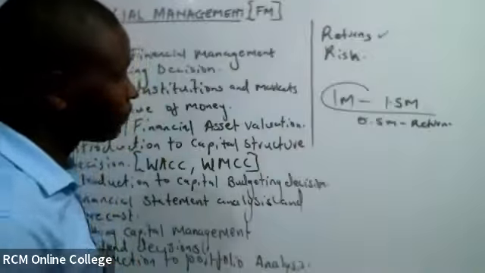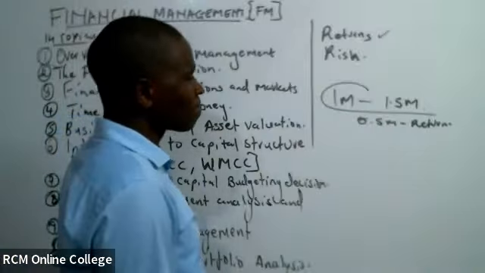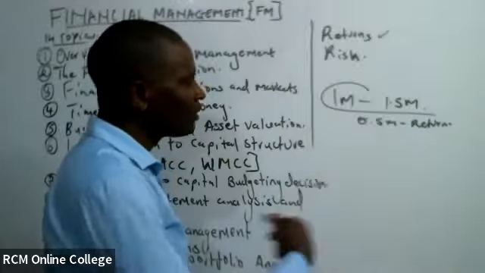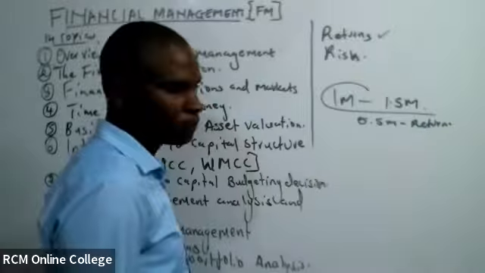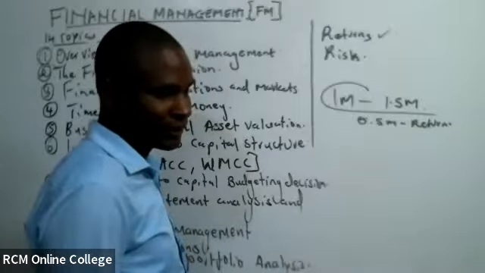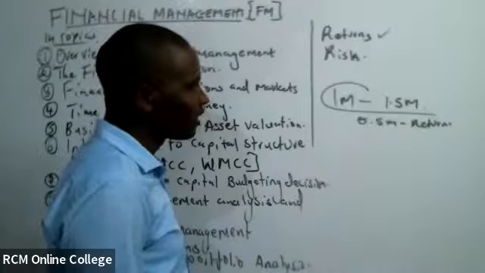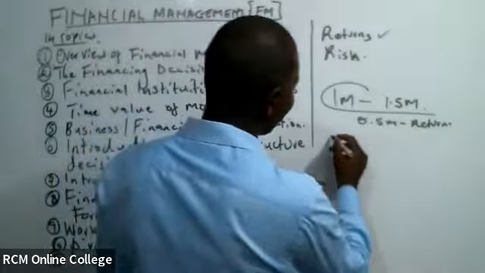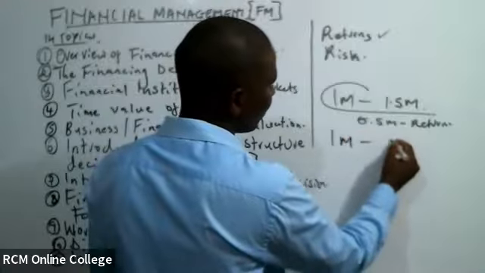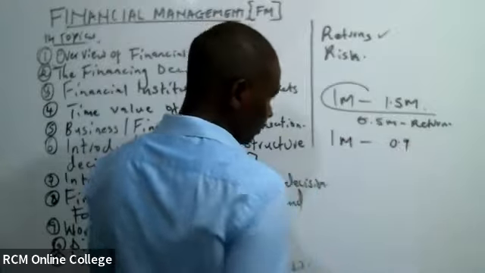In business, we cannot be static and say that we will always get returns. No. Sometimes you get loss. Whatever you expected, you are not able to achieve. So 1 million and we get 0.9.